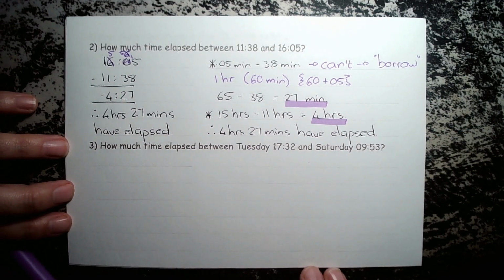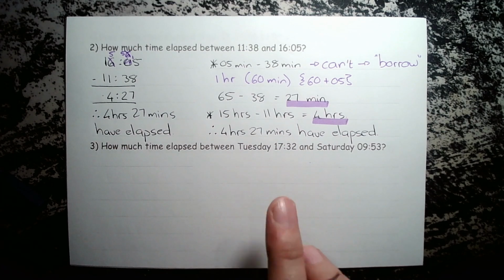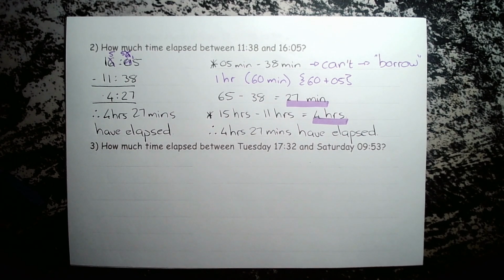Number 3, how much time elapsed between Tuesday 17:32 and Saturday 9:53?